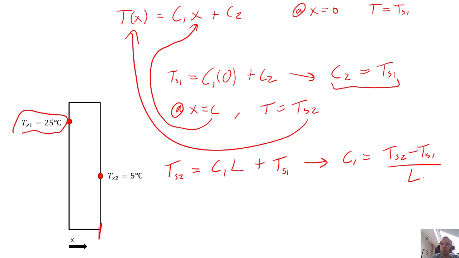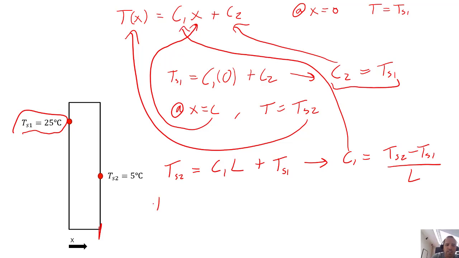So now we know C1 and we know C2, so we can plug those in for our constants, and we get that our temperature as a function of x is equal to TS2 minus TS1 divided by L, and then to get the x dependency back in there, we still multiply C1 by x plus C2, which is TS1.